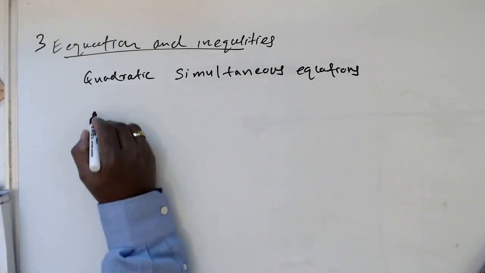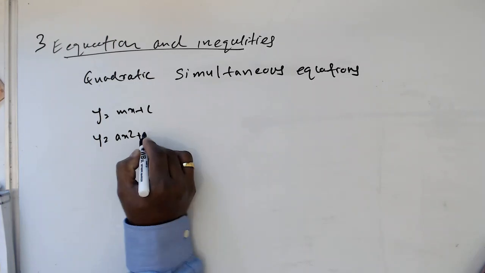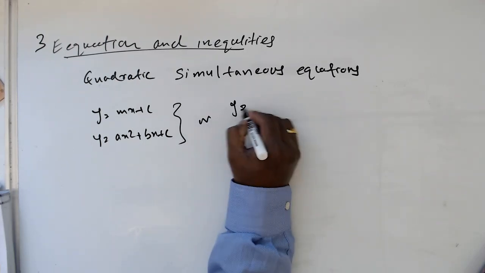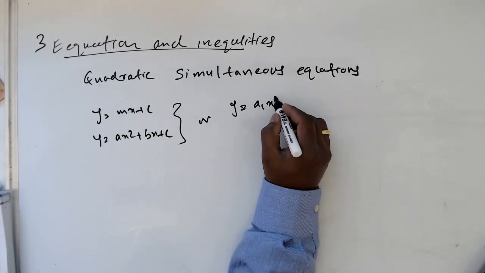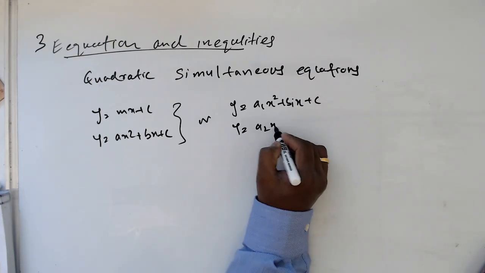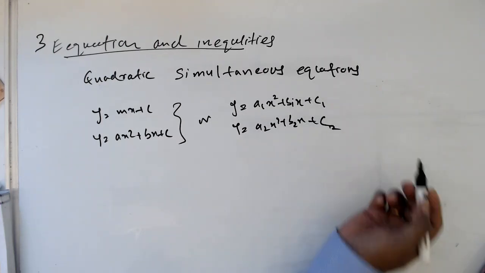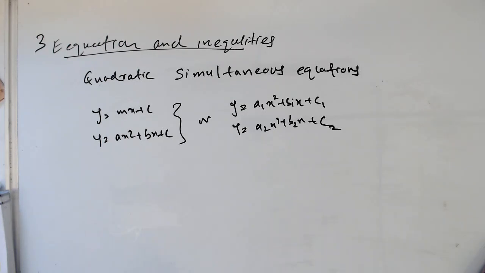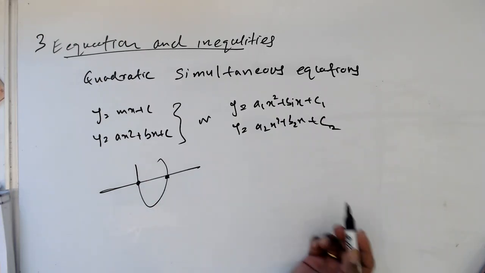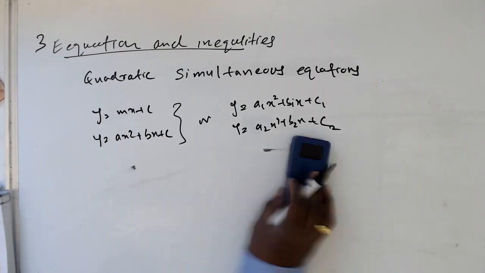It can be in this form: y equals mx plus c and y equals ax squared plus bx plus c, or two quadratic equations: y equals a1 x squared plus b1 x plus c1, and y equals a2 x squared plus b2 x plus c2, to find the intersection point of the curves. So we'll discuss an example now.